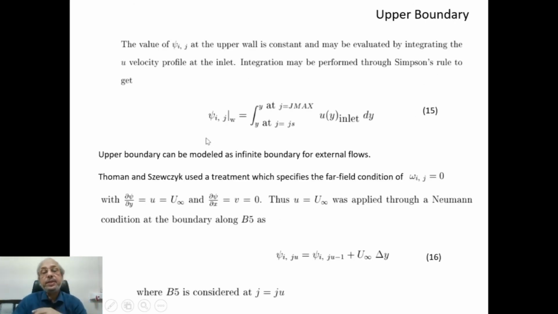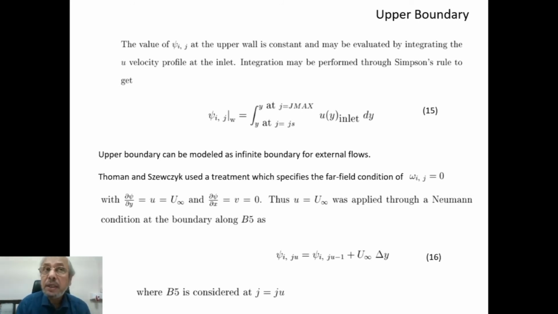Now I will just mention, since it is a general discussion, even though we have taken a specific boundary where the top wall is a rigid wall, there may be external flows. We may consider modeling of external flows also using the stream function vorticity method.